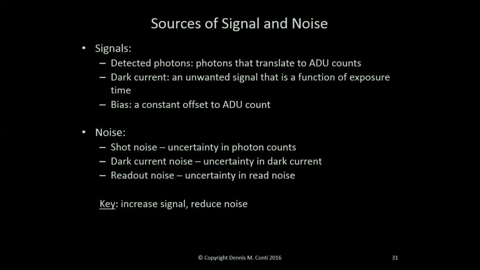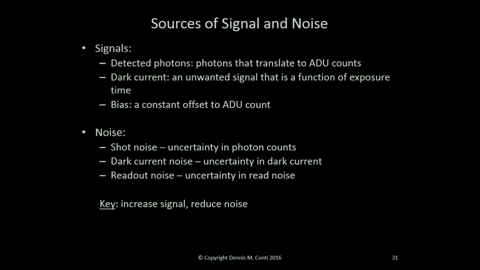Now, examples of noise. Noise actually here refers to the uncertainty that is in a CCD image. And so the causes of uncertainty are three. One is called shot noise, which is just the uncertainty of a photon count. So if we're looking at a star from image to image, just by the nature of photons getting dispersed in various ways, over a certain period of time, we may not always get the same count.